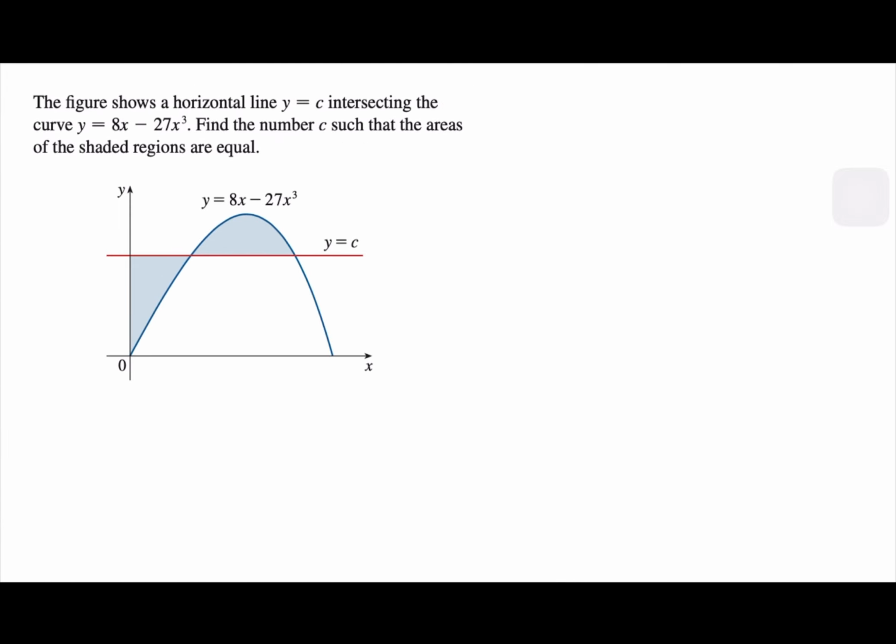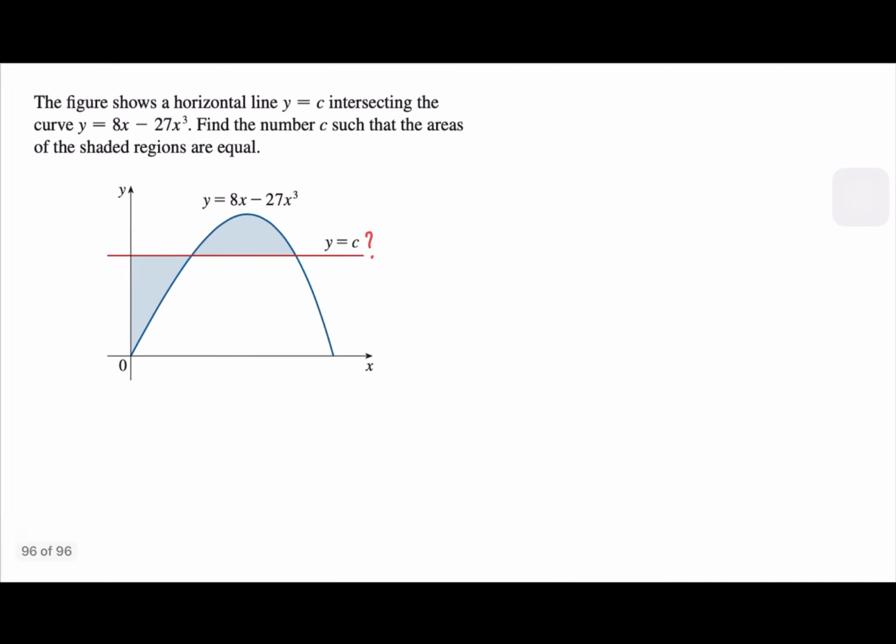The figure shows horizontal line y equals c intersecting the curve, as you see from the picture, and we need to find the c. Actually it's quite easy to follow, but it needs some writing.